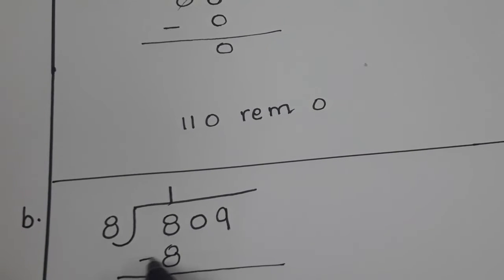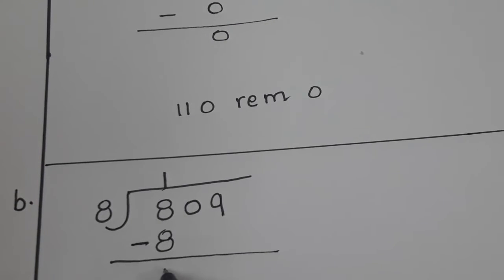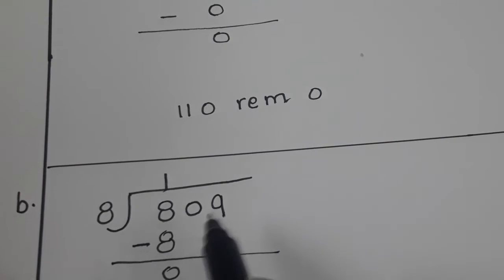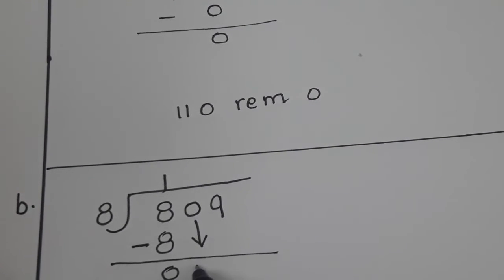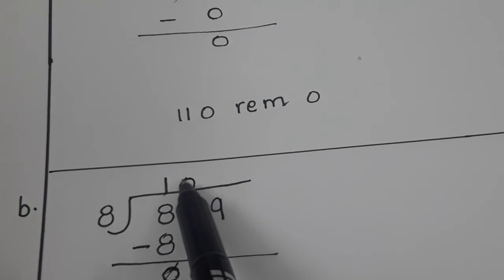Now we will subtract it. So 8 minus 8, 0. Now this is 0. 0 will come down. This 0 is finished. Now 8 zeros are 0.